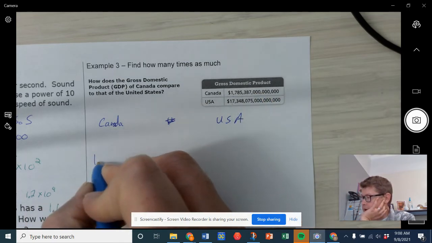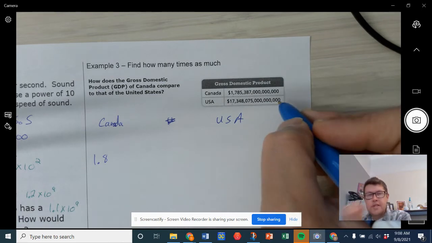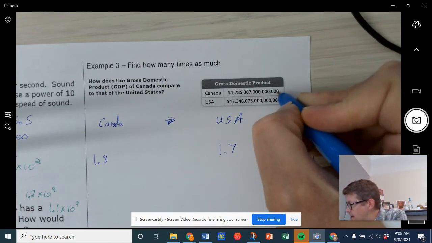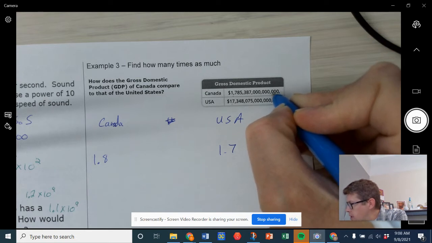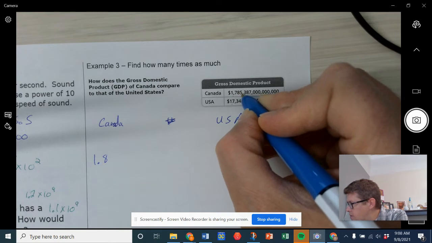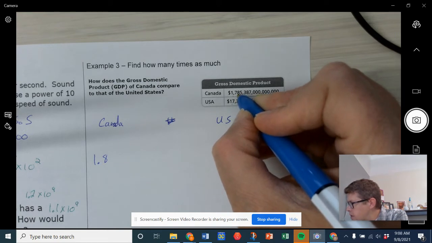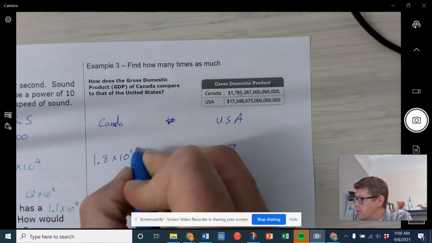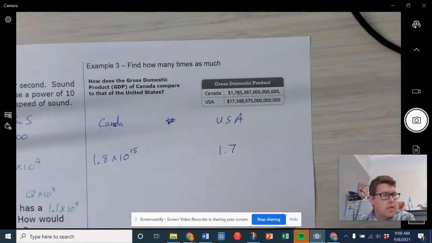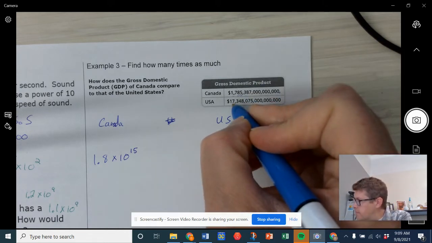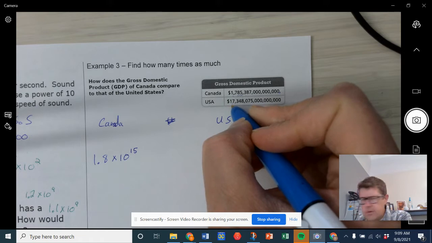So 1.8. I don't really want to write this out, so I'm just going to count it. So let's see, for Canada, we move over 1, 2, 3, 4, 5, 6, 7, 8, 9, 10, 11, 12, 13, 14, 15. Okay, so that's 1.8 times 10 to the 15th. And then, do we want to do twos on here?